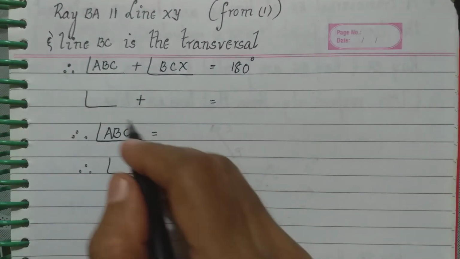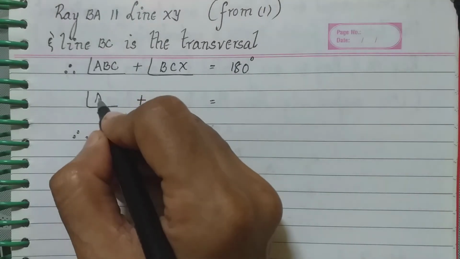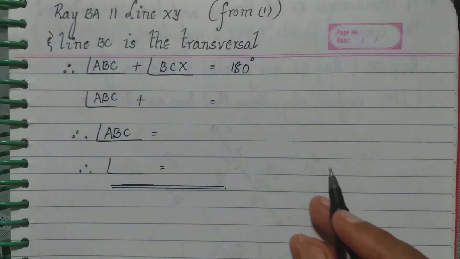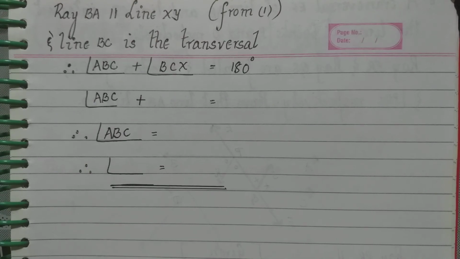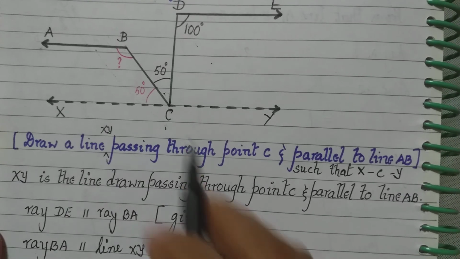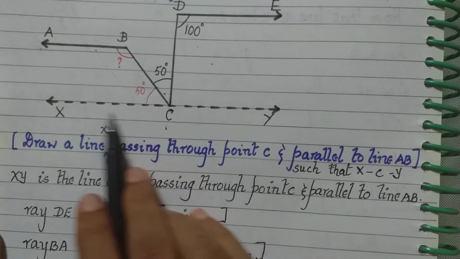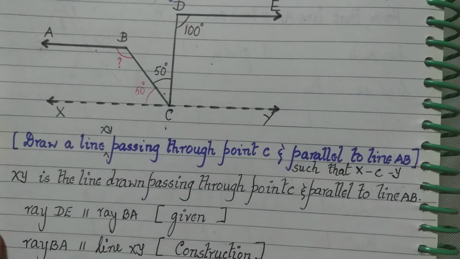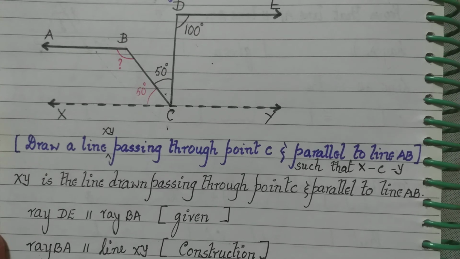Now here angle ABC we write as it is. Angle BCX was given to us. Let us see in the figure what the measure of it is. We have found the measure of angle BCX as 50 degrees. So we will put the measure of angle BCX as 50 degrees.